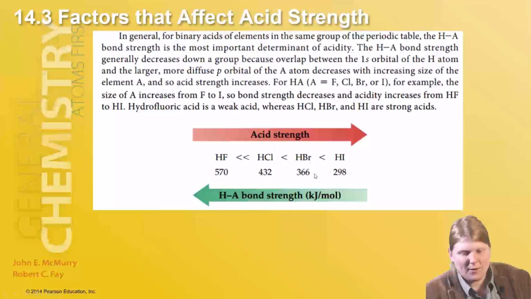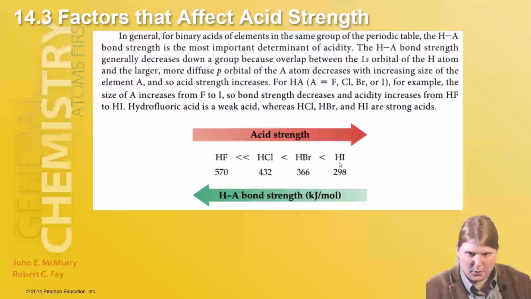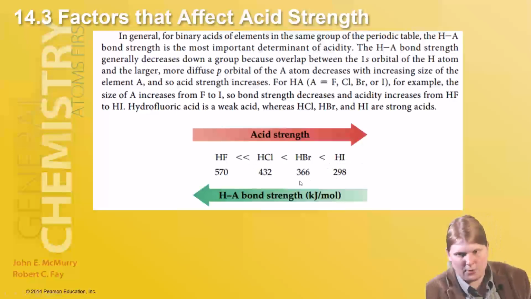This gives us a way to rank them: HI would be the strongest of these acids because it has the weakest bond strength. But since HCl, HBr, and HI are all strong in water, they're all stronger than H3O+. All of them act similarly for that use case.